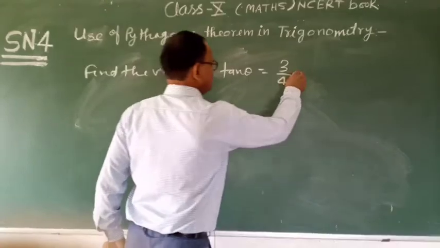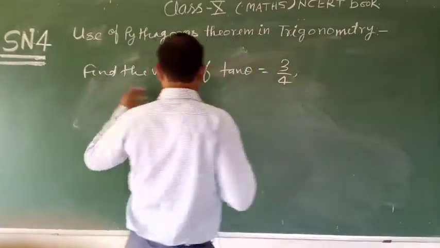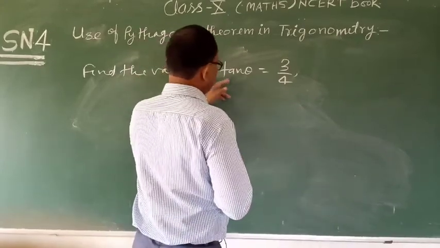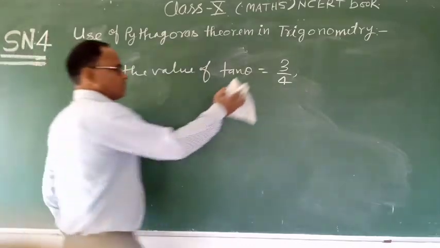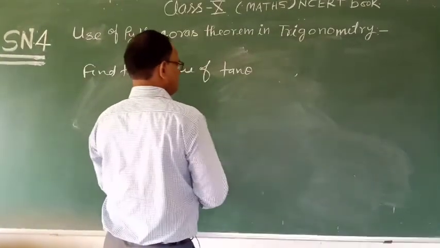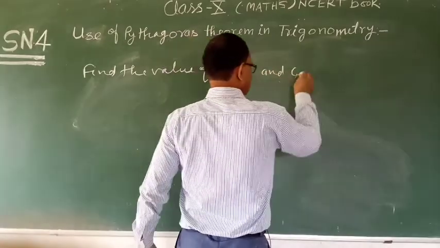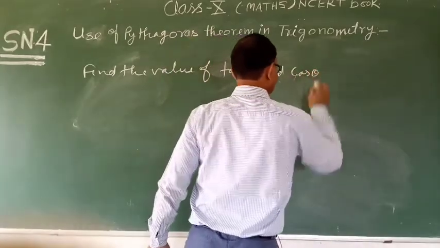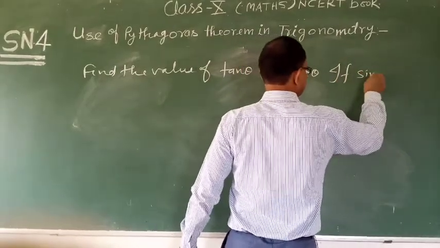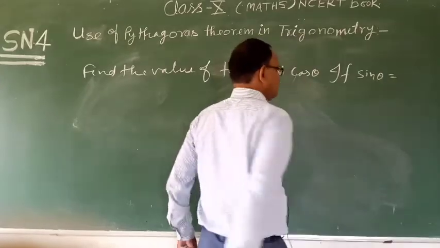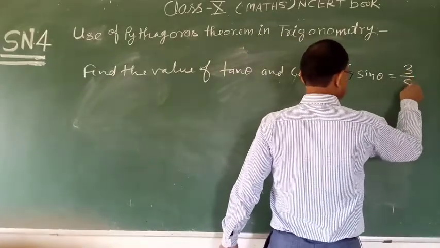Find the value of tan theta and cos theta if sin theta is equal to 3 by 5.